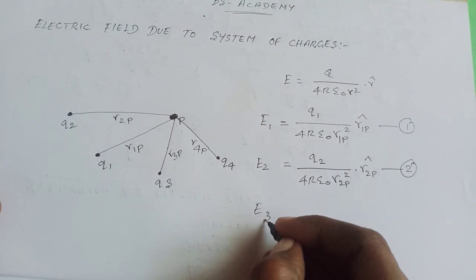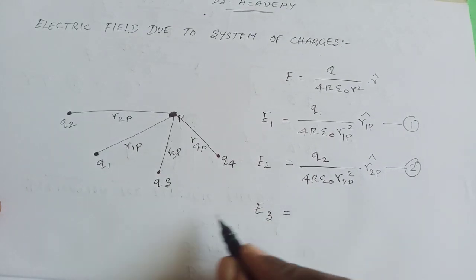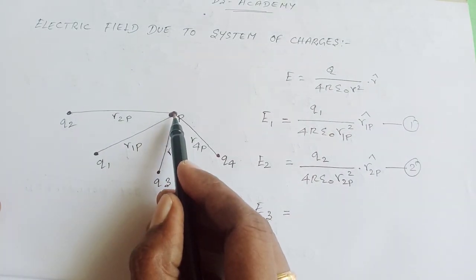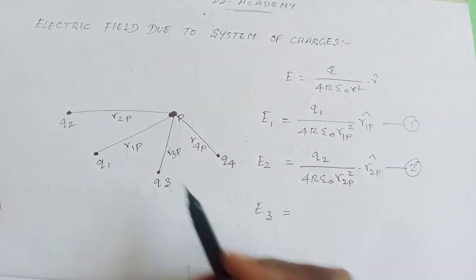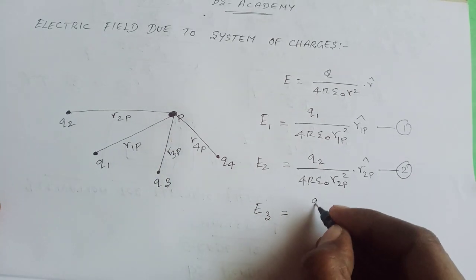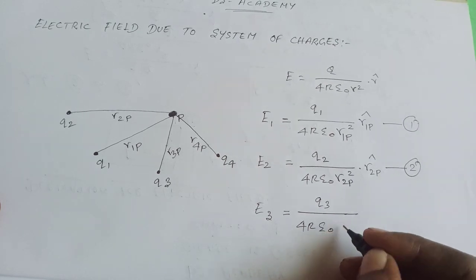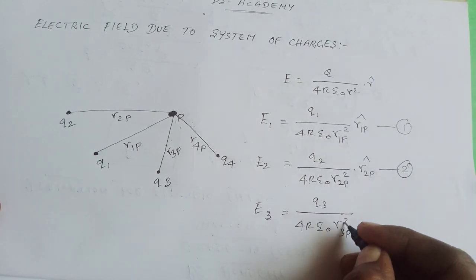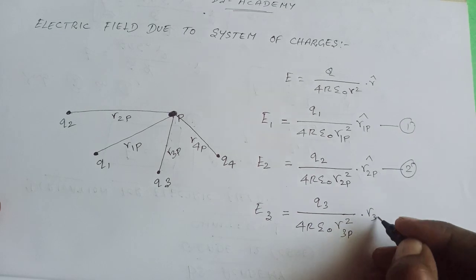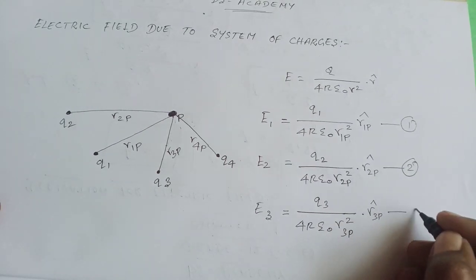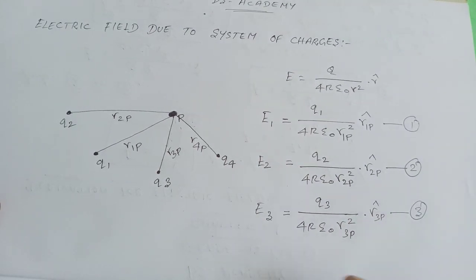In the same way, E3, you can write the electric field at the point P due to the charge Q3. So E3 is equal to Q3 by 4 pi epsilon naught R3P square into R3P cap. Consider this as the third equation.